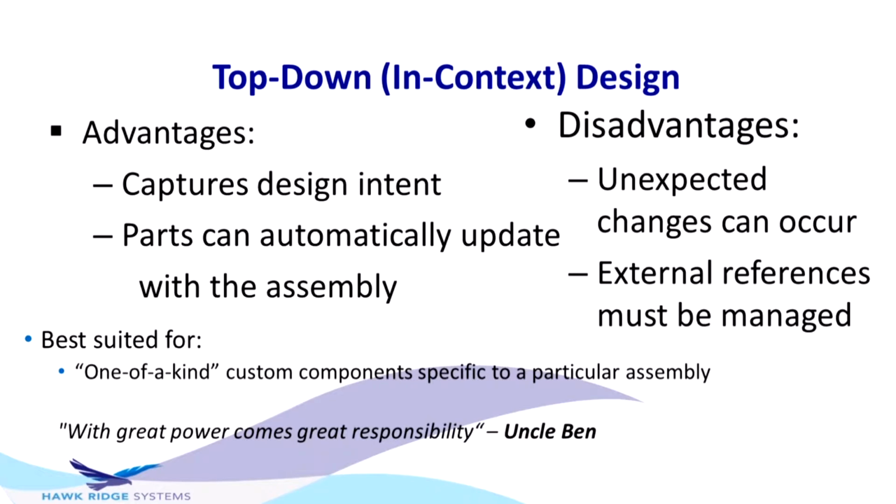To follow up on that question, with bottom-up, you can use those parts interchangeably in another assembly, and they won't automatically update. They're not referencing that other assembly, so they can be used in multiple different assemblies. That would be the main difference. With top-down you have what we call external references, which bottom-up generally doesn't have, unless you make some in-context changes. With top-down, that's going to be specific to that assembly, the one of a kind.